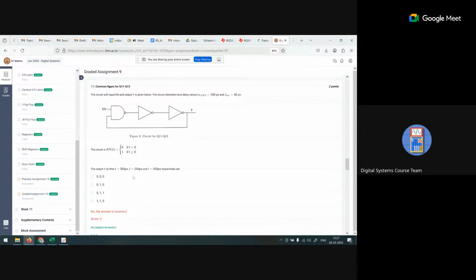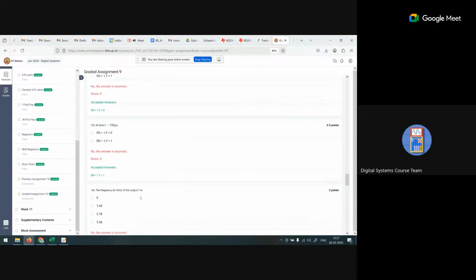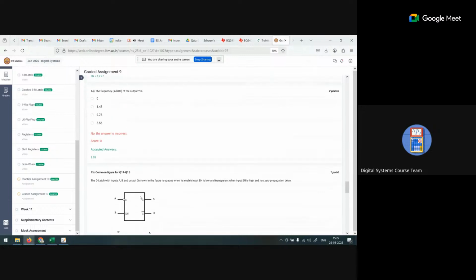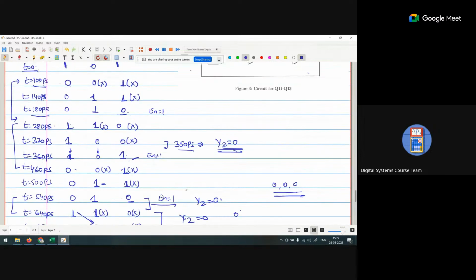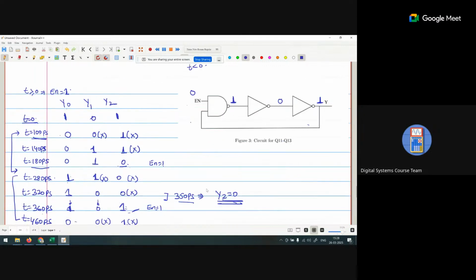So 1 divided by 180. What is the frequency? Like for example, if we have a 0, this is your timing.